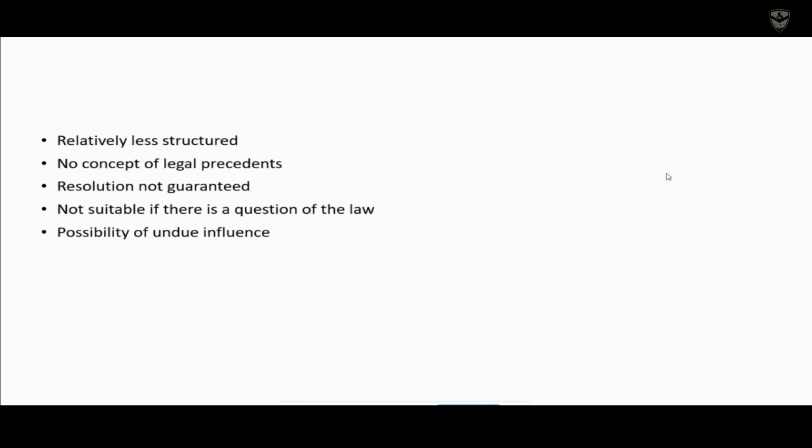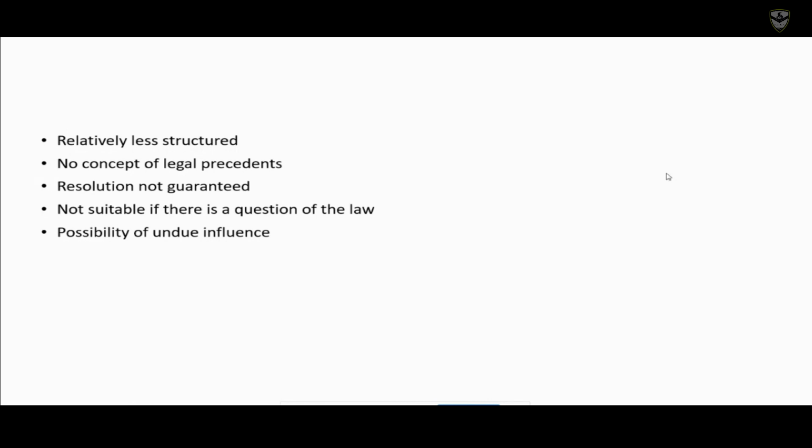Coming to the disadvantages of ADR, it is not as structured as the regular legal system, and since there is no process of legal precedence, the parties may not be able to reach an agreeable resolution in methods like mediation, conciliation, or negotiation, and they may have to resort to the normal court system again.